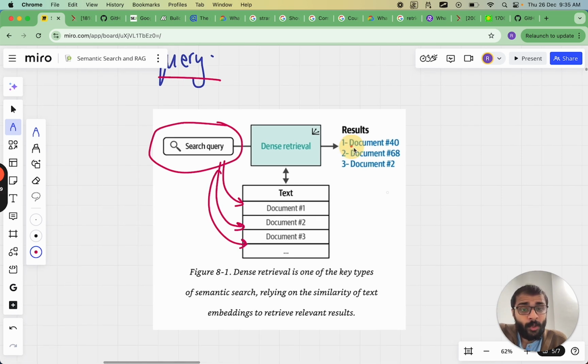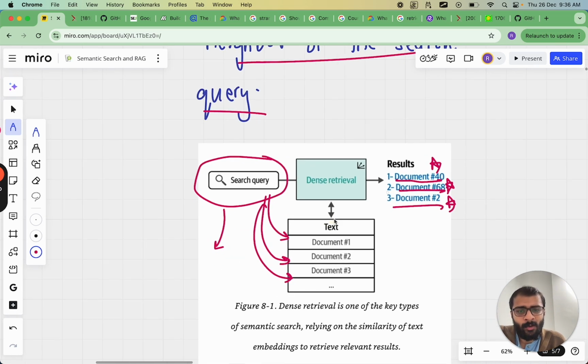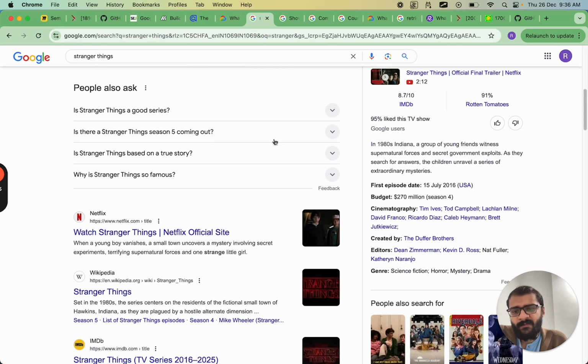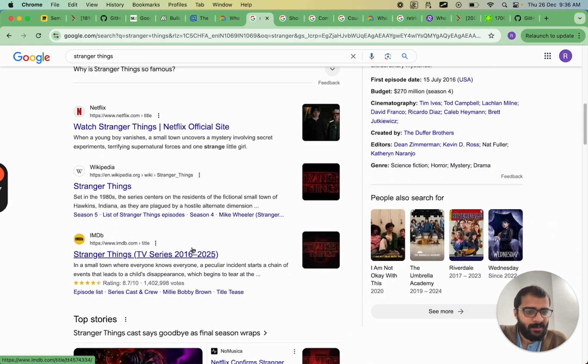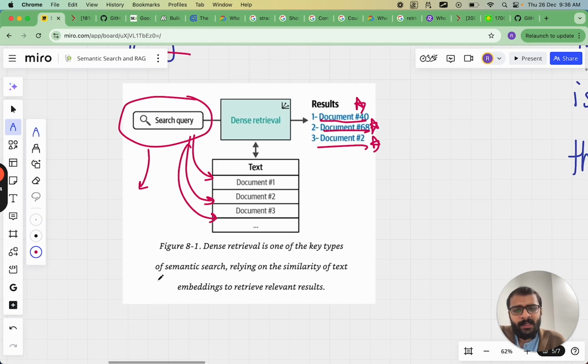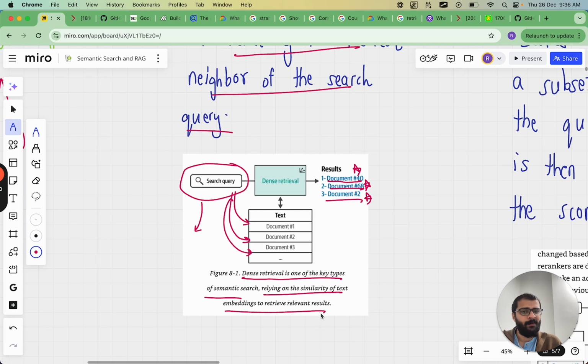But here, for example, document 40, document 68, and document 2 are the nearest to the search query in the vector space. So that's why this information will be returned. So when I ask for shows such as Stranger Things, out of all the documents, these 3 documents seem to be the best. So maybe the first 3 things which are shown here are these 3 things. Just as an overview example. That's essentially dense retrieval. Dense retrieval is one of the key types of semantic search, relying on the similarity of text embeddings to retrieve relevant results.